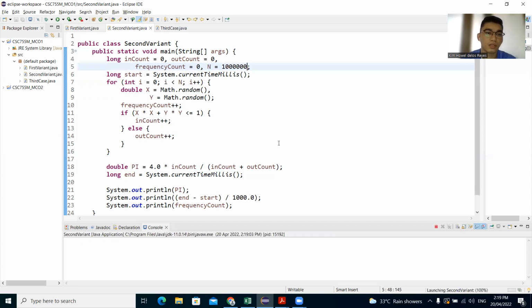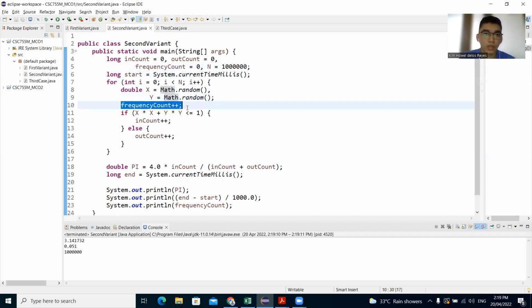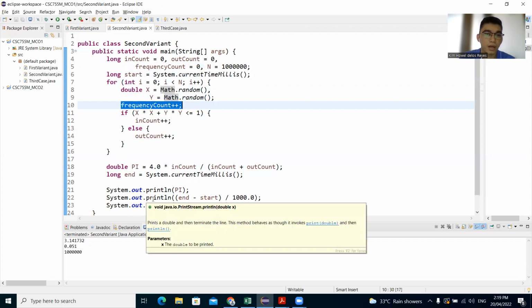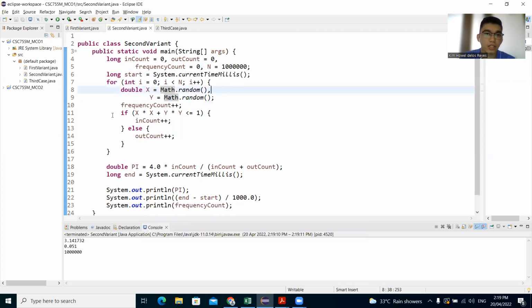Okay, 3.1419. So this is closer compared to the earlier values that were computed. 3.1417, even closer. Okay, and then we also observe here that whenever we increase the size of n, the number of frequency counts also increases. This n value tends to be equal to the frequency count.